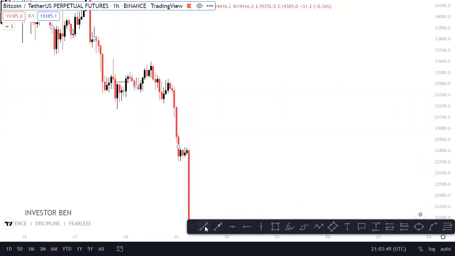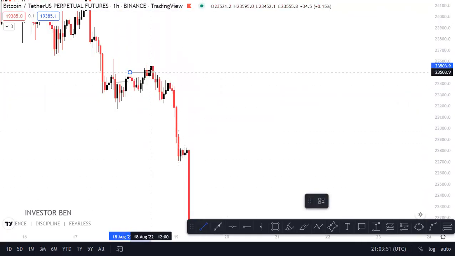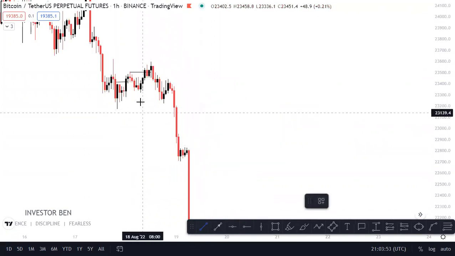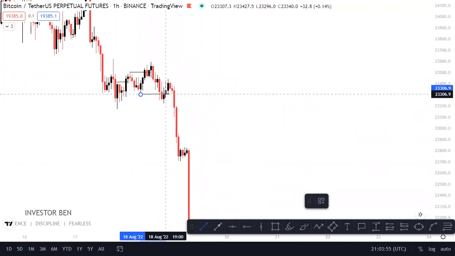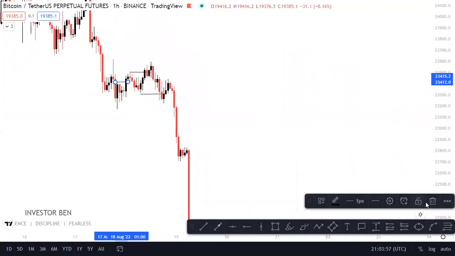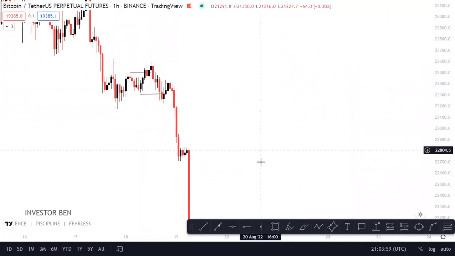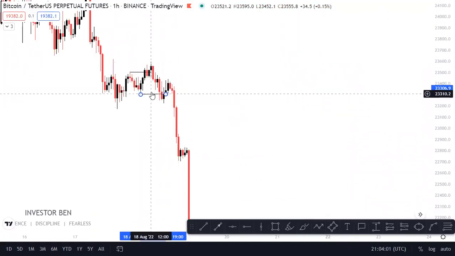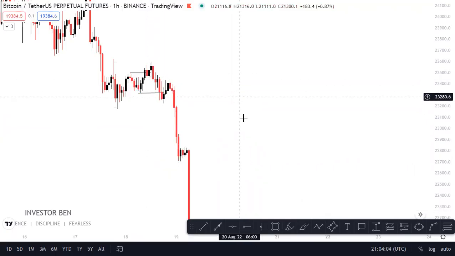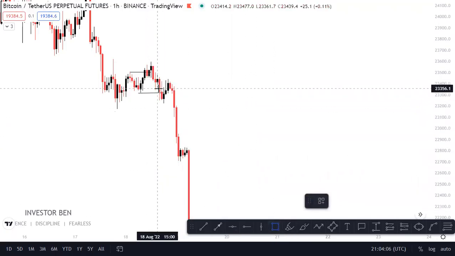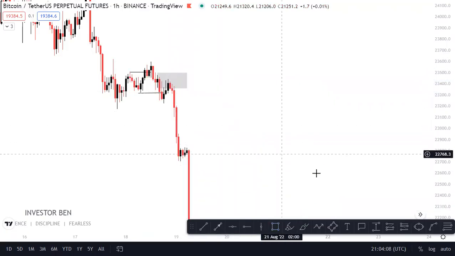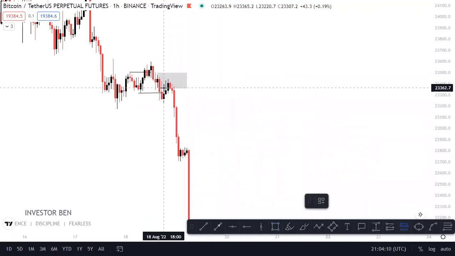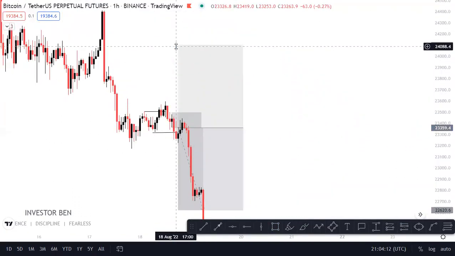It broke one high, then another high, before it broke a low. And this low that it took out is a change of character because it took out a high and a low. After taking this high and low, what did price do? Price came and sold from this other block, this demand zone here, to the downside.